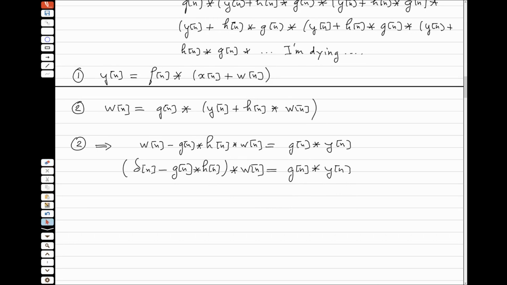So we go into the Z domain, because now in the Z domain, you know that convolution becomes multiplication, and this is exactly what you want.